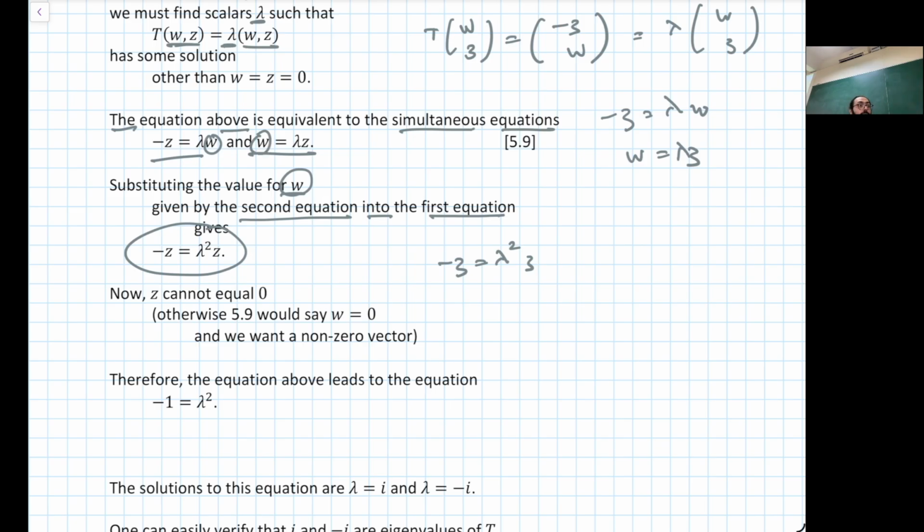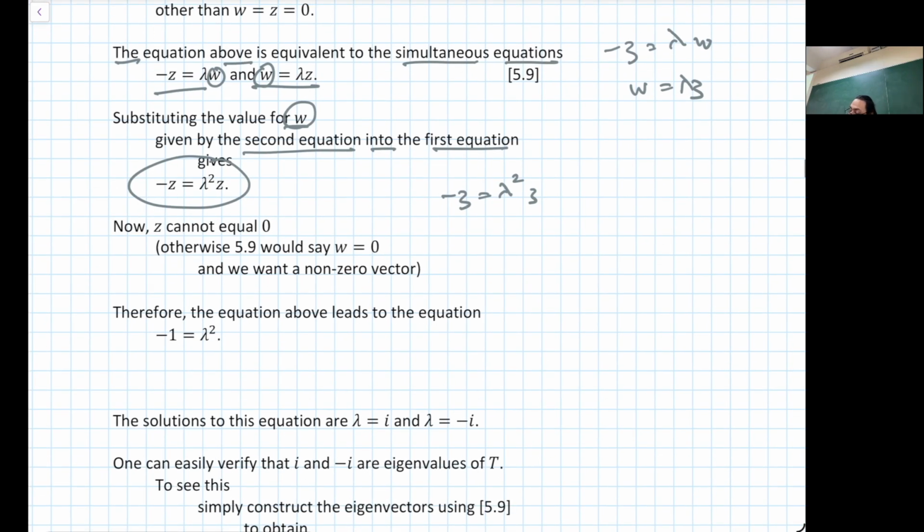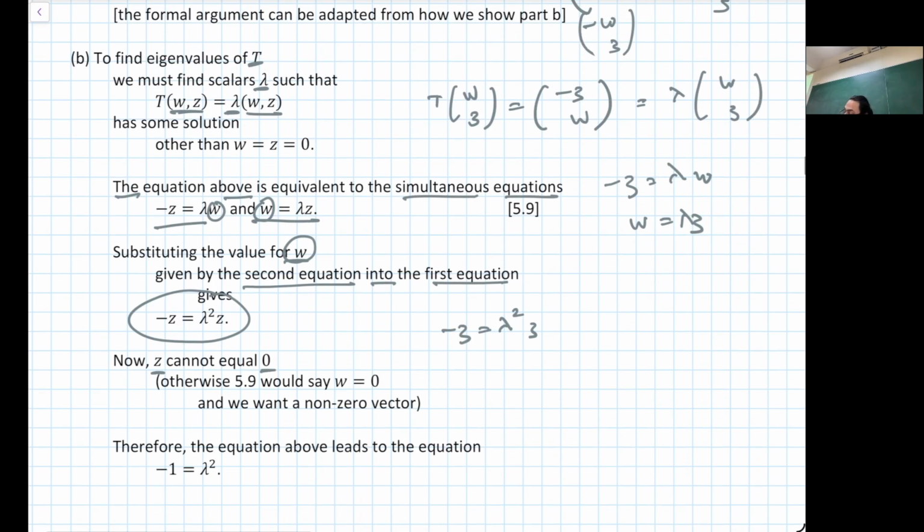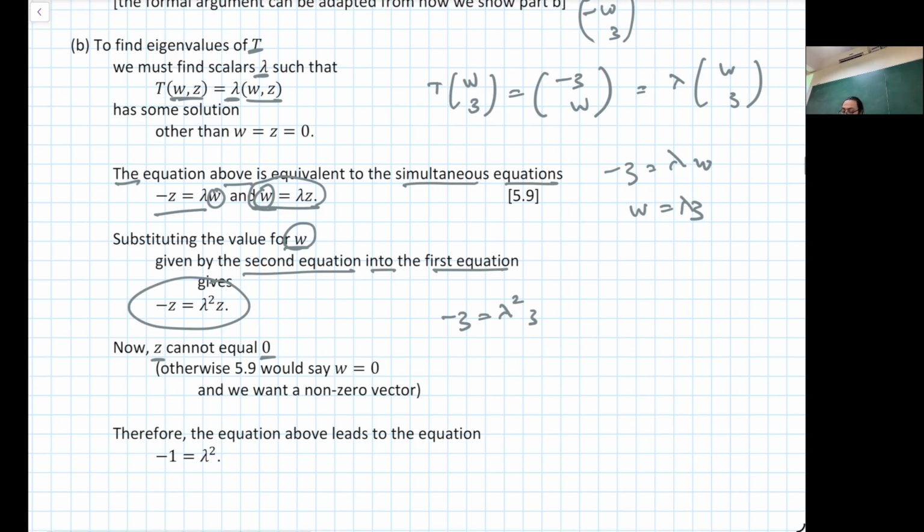Now we know that z cannot be 0, because if z was 0, then according to this constraint, w would also be 0. And we want a non-zero vector. We cannot have a zero vector, otherwise, when we talk about eigenvalues, it has to be non-zero. Is this step clear, that z cannot be 0?